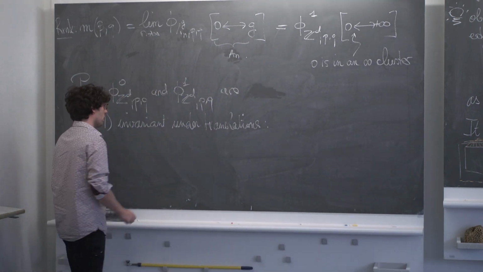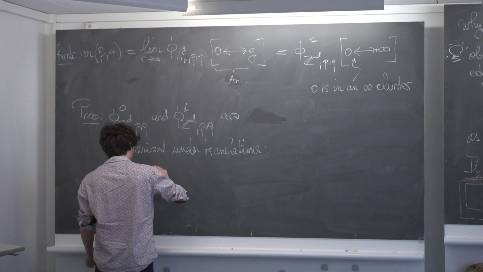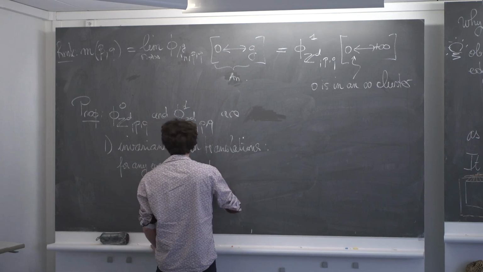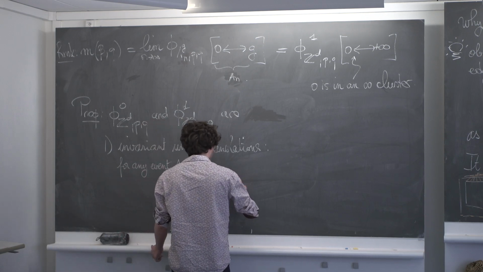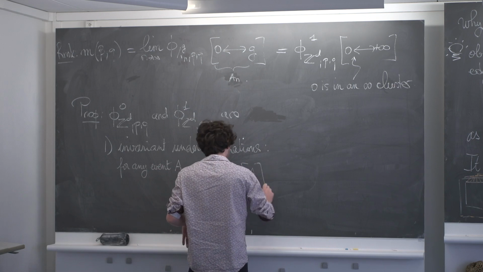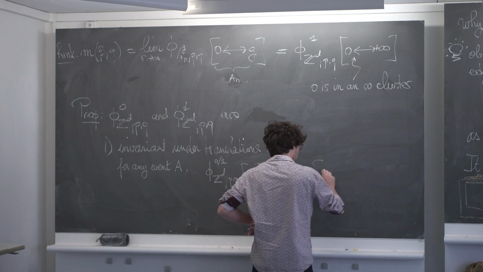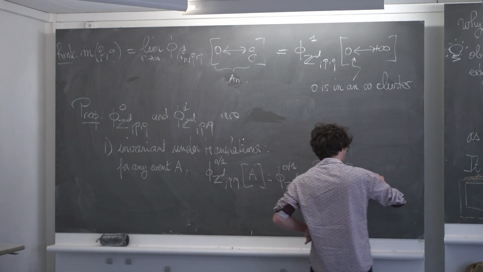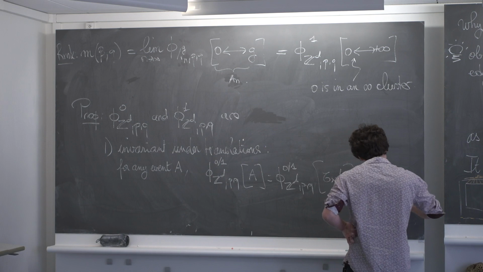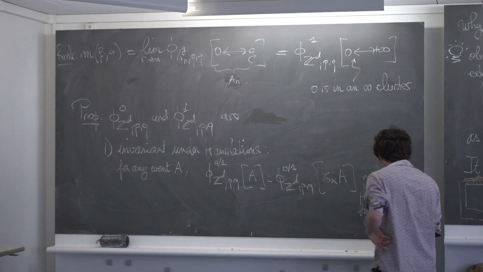Meaning the following: for any event A, phi^{0 or 1}_{Z^d,p,q} of A, depending on what you want to look at, is equal to phi^{0 or 1}_{Z^d,p,q} of tau_x A, where tau_x is the translation by x in Z^d.